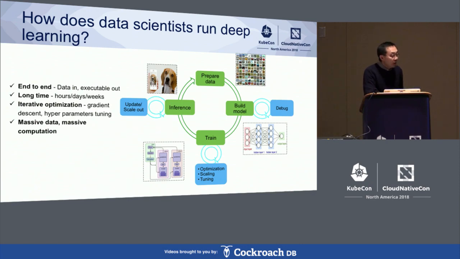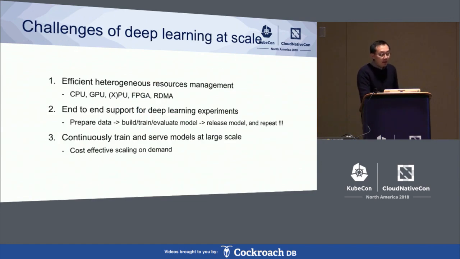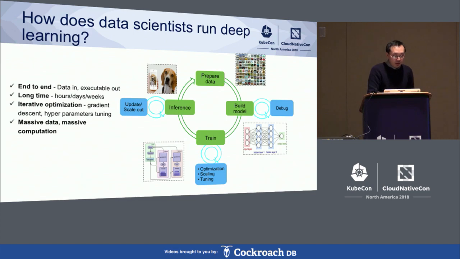From this workflow, we find that deep learning jobs have some characteristics. The first one is that it's an end-to-end job. It's an end-to-end life cycle with raw data in and executable model out. Most of the jobs will take a long time to run.